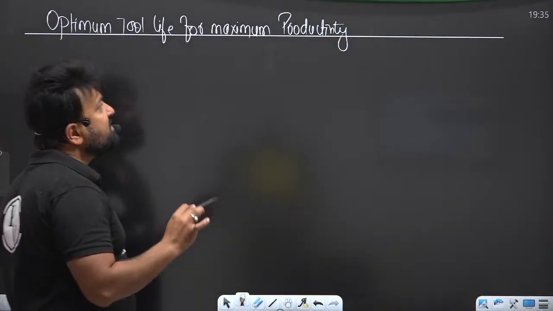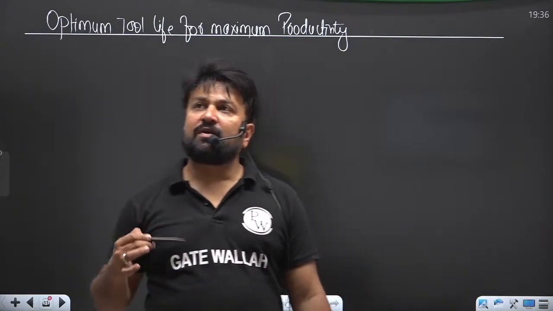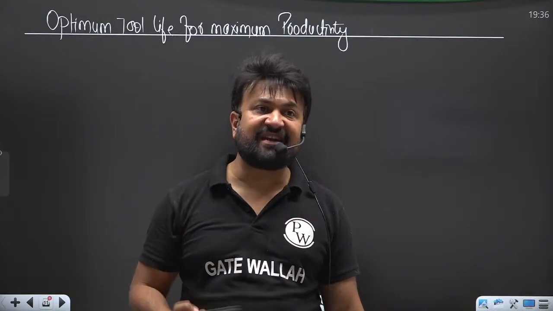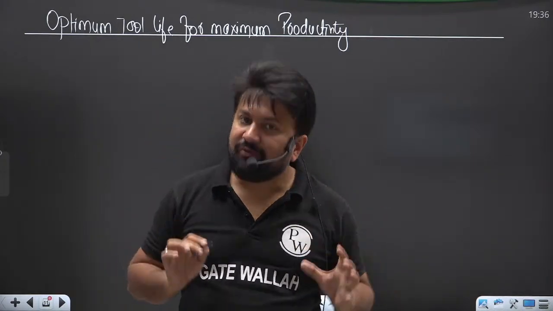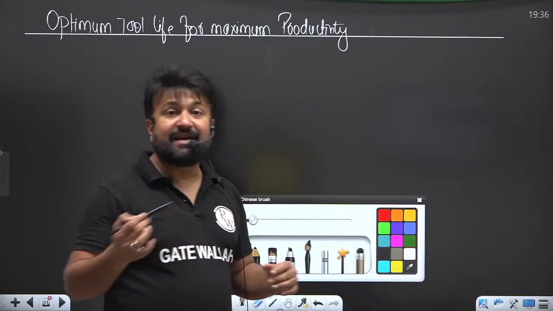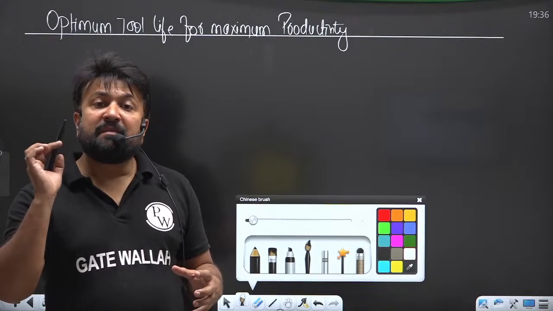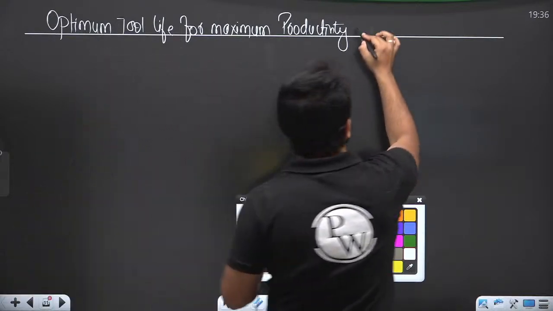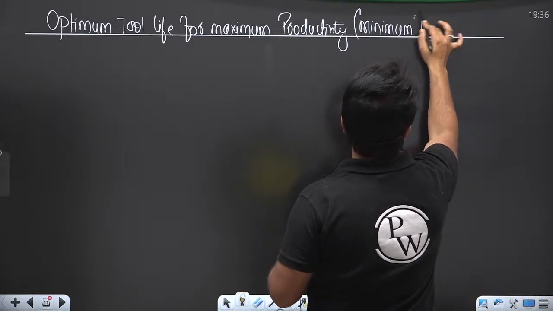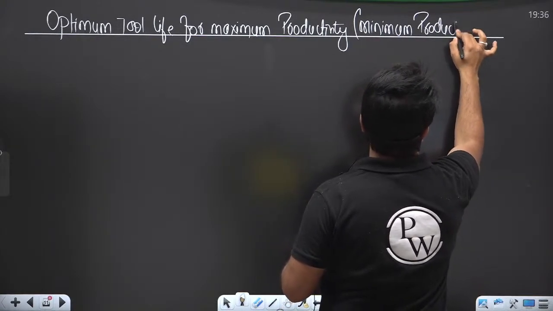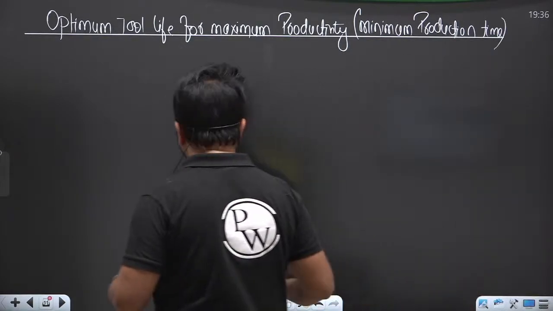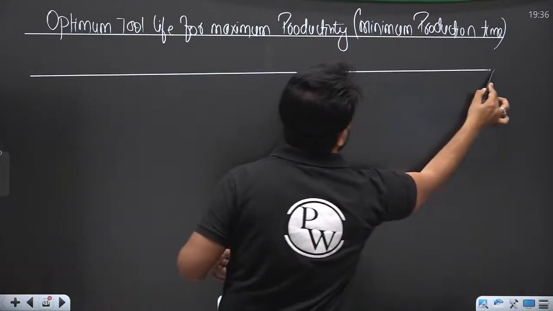So my dear, we are going to figure out that tool life which corresponds to that velocity where we are getting maximum production rate. Maximum production rate means minimum production time.